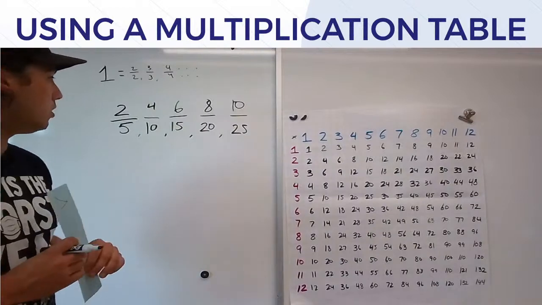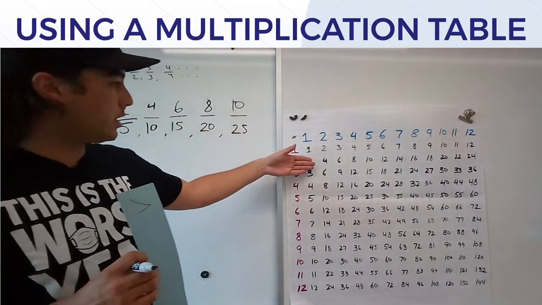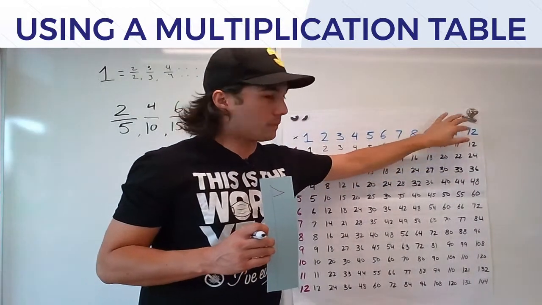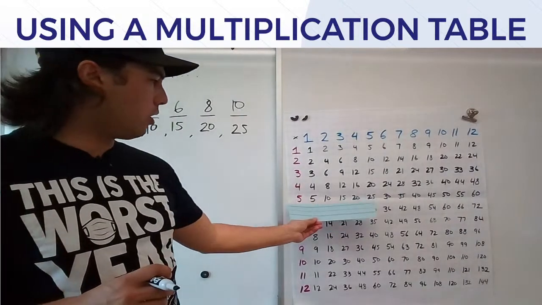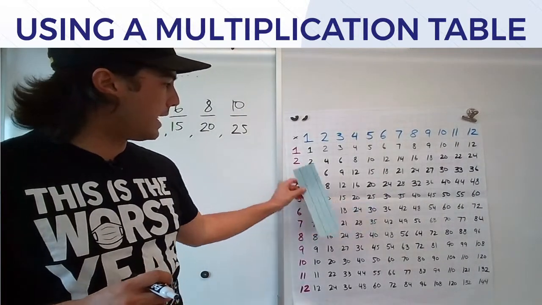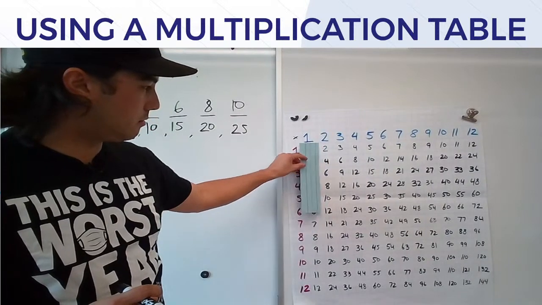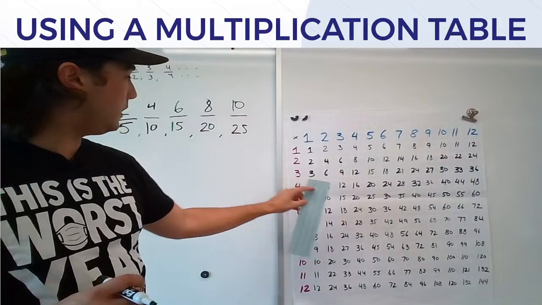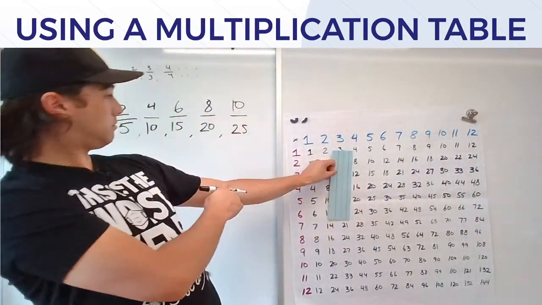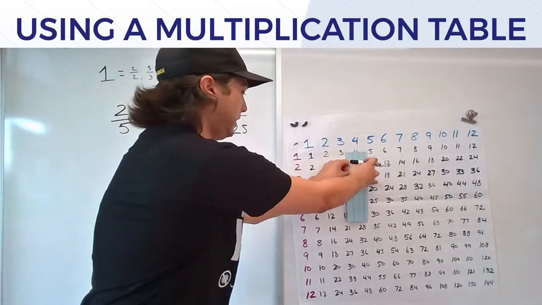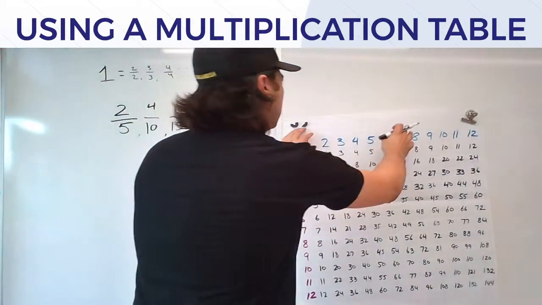All we're doing is moving across, multiplying. With our multiplication table, as long as we're keeping our columns lined up, so keeping 4 tenths, 6 15ths, 8 20ths, 10 25ths, and so on, this is kind of our shortcut.